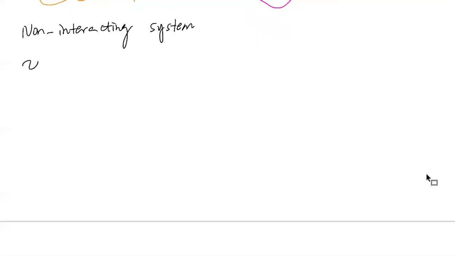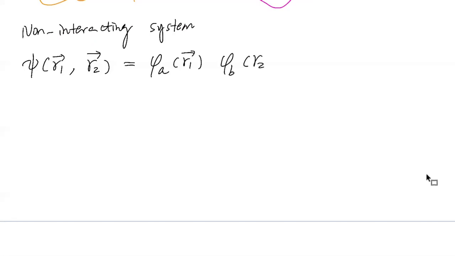So the system wave function is, of course, a function of R1, the location of electron 1, and R2, the location of electron 2. And this is a product of electron 1 in orbital A, electron 2 in orbital B. This is, of course, the Hartree product.